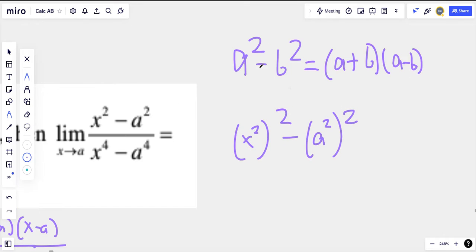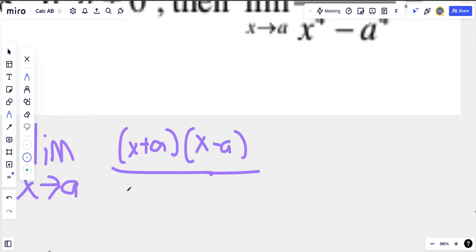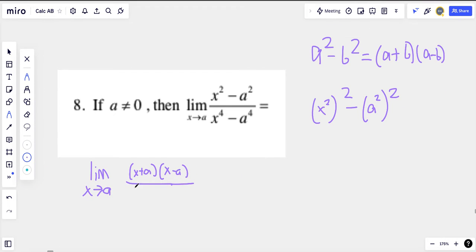So in this case, our a is x squared and our b is a squared. So it becomes x squared plus a squared times x squared minus a squared.